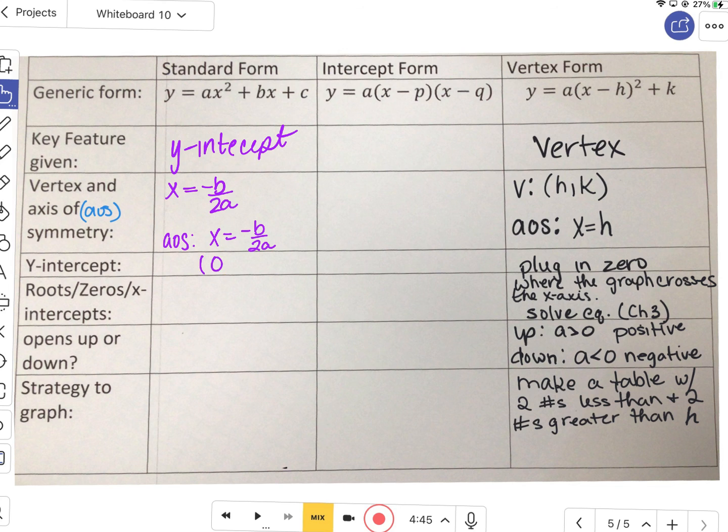The y-intercept is 0, c. We still have to solve. That's chapter 3. This is the same as this. And this is the same. Make a table. Find the vertex, make a table. That's all.